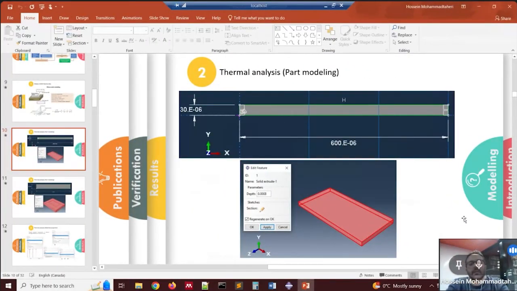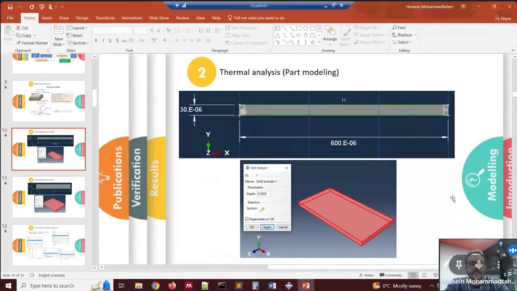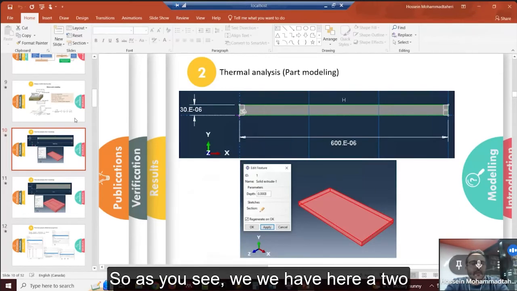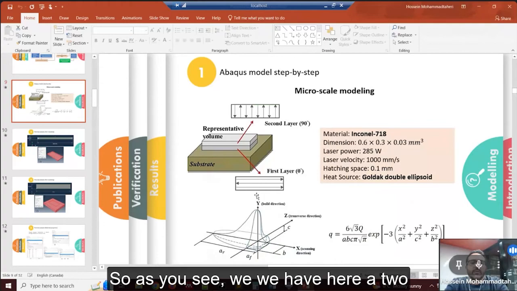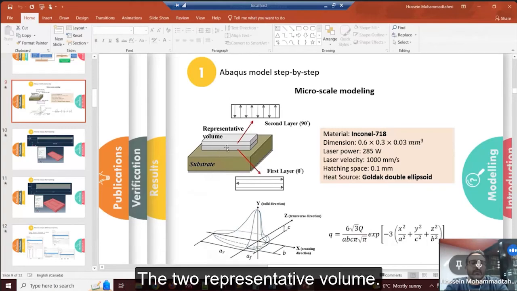Okay, from this slide, I'm going to start the modeling of the micron scale. As you see, we have here two layers for the micron scale modeling, the two representative volumes.